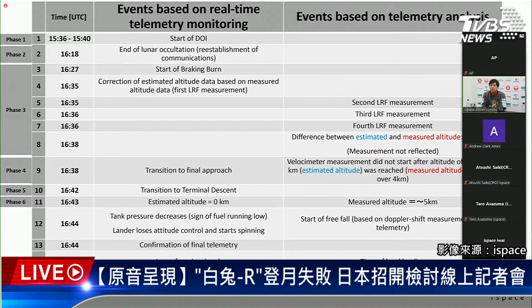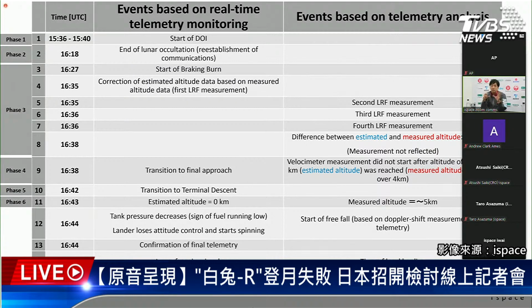One is the real-time telemetry event sequence. This column shows what we saw on landing day by telemetry monitoring. In addition, today we added another column, which is the events from post-flight telemetry analysis. By combining the 2 columns, I'm going to explain what happened at the last moment.